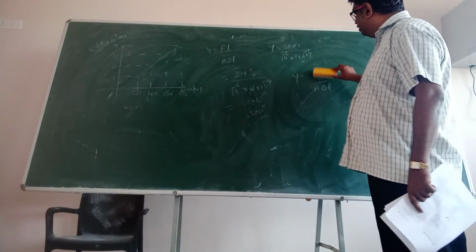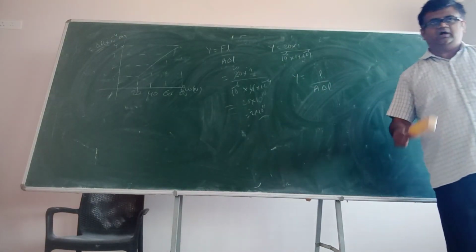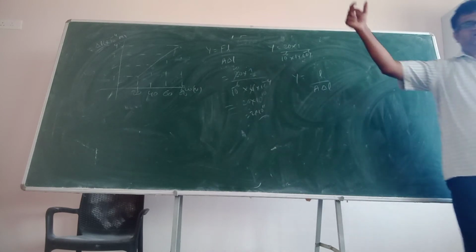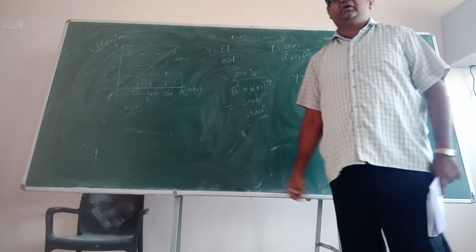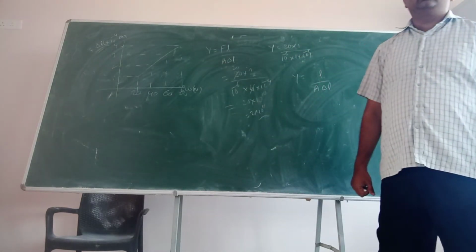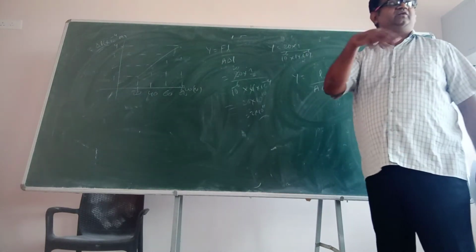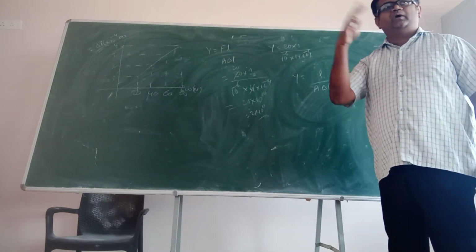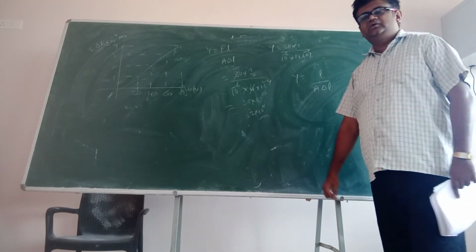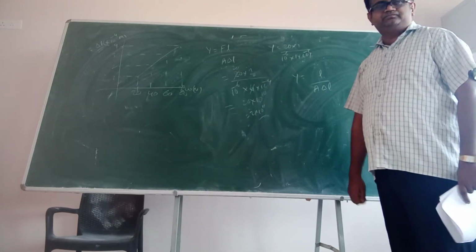This F is that load. You know what is load? I told you that you take a bar, you pull it, it is basically called a load. If further you are studying civil engineering, you will be using this term load quite often. So it is more of an engineering term.